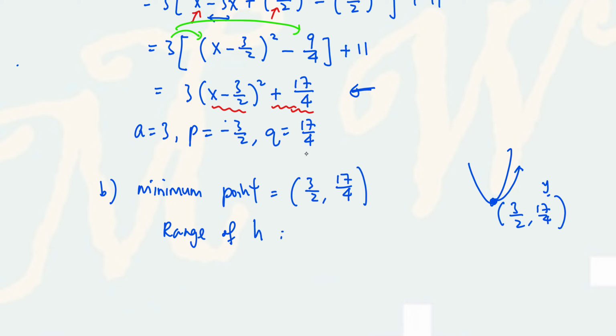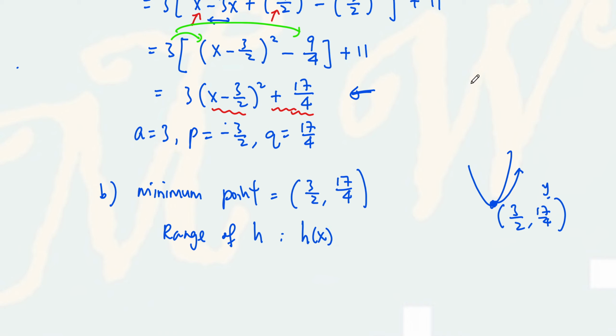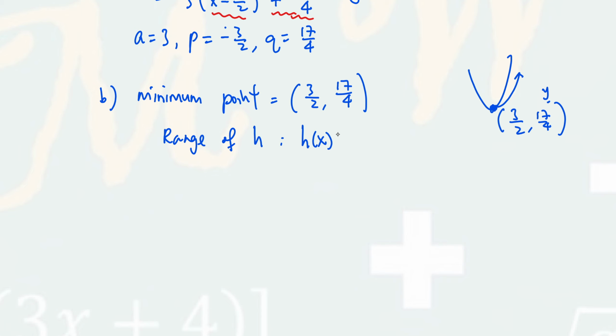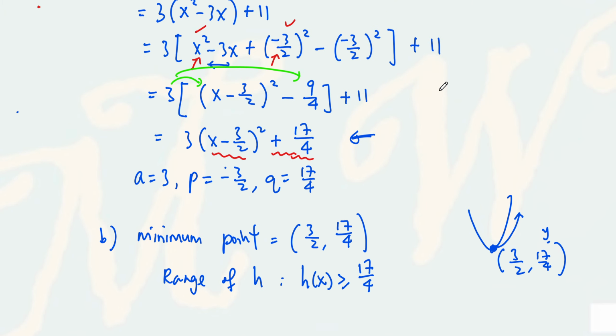Remember, the range means the y values, so it will be h(x). Now look at here, your x is less than or equal to m. There is an equal sign, which means there will be an equal sign for the y value as well. So the minimum is 17 over 4, and it could be more than that based on the graph. So that's all for part b, the range of h.